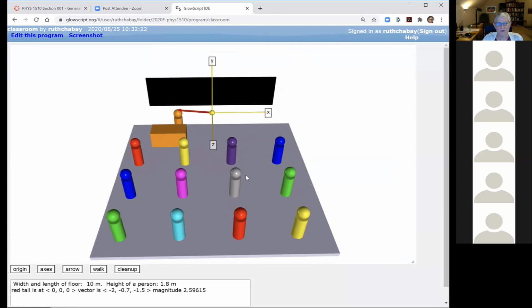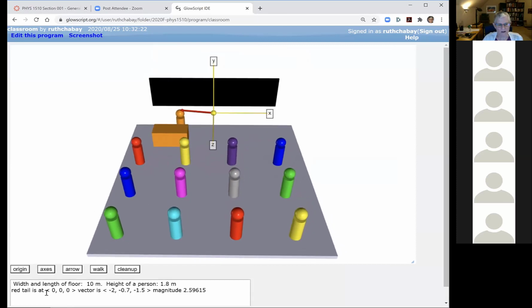And the computer obligingly tells us that the tail of the red arrow is at 0, 0, 0, which is our origin. But the vector from there to the tip, extending from the tail to the tip, is -2, -7, -1.5. Now, does that make sense? Let's see.